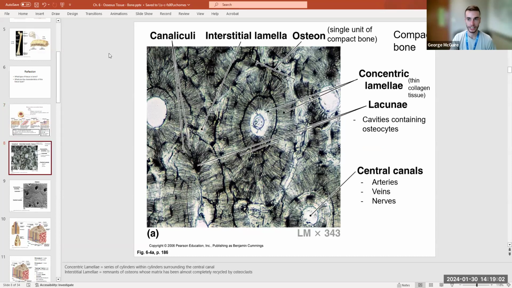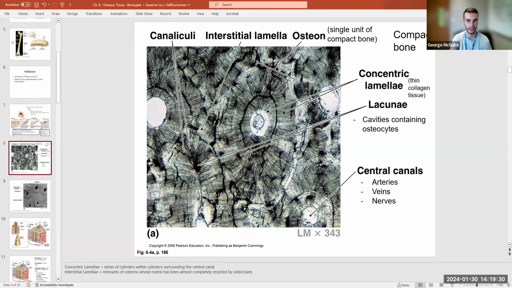So if we take a closer look at the actual internal structure of that bone tissue, one single unit of our compact bone, or to also clarify, this is looking at compact bone, is an osteon. Okay, so an osteon is referring to a single unit, and that is this whole circle. If we try to follow this outline that started up here, this full circle is one osteon.